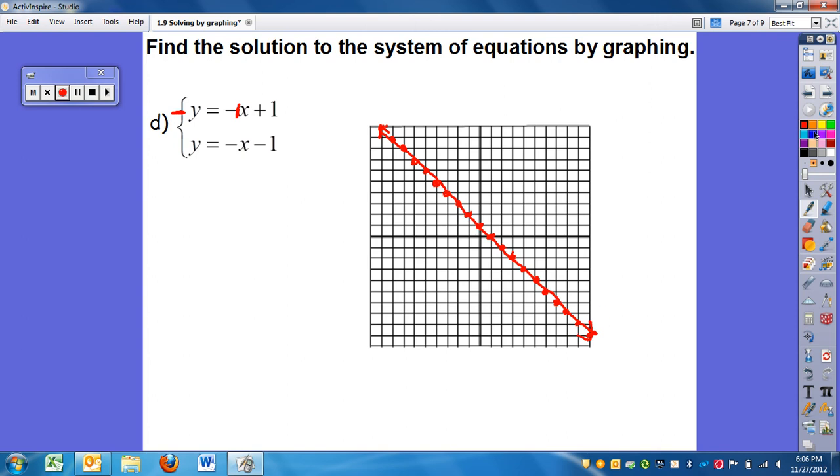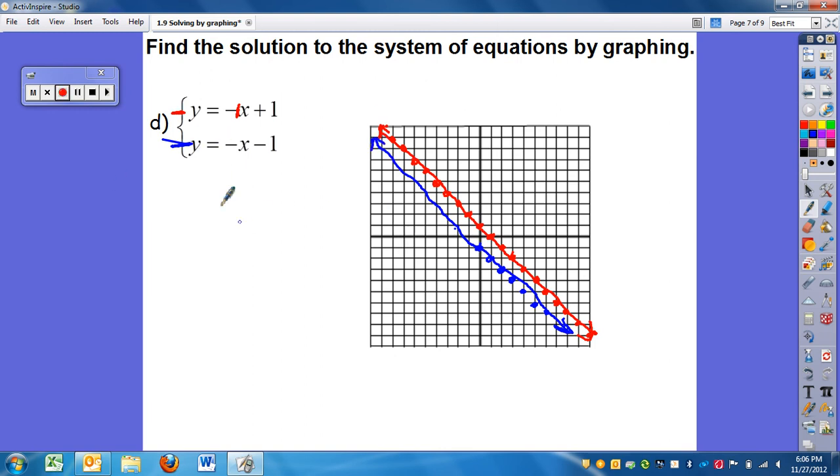Alright, so then on my second line, I'm going to start at -1, and it has the exact same slope as the first one. And notice these two lines are mirroring each other, or they're parallel to each other. If I draw it straight, they're never going to intersect.